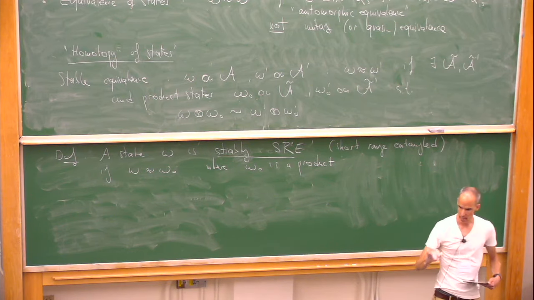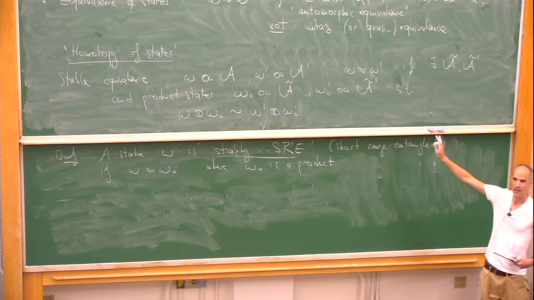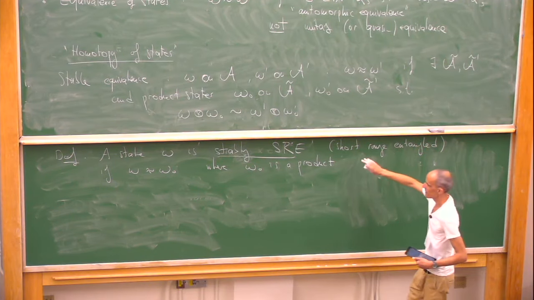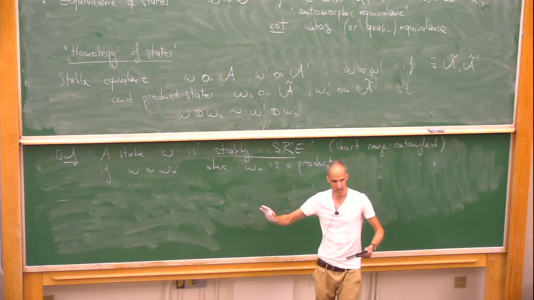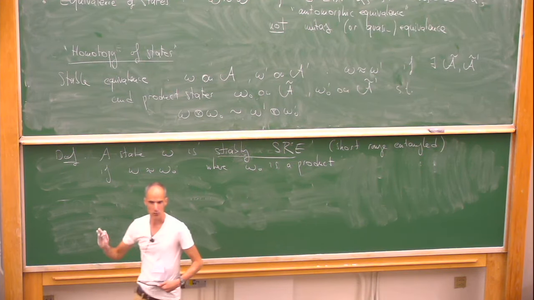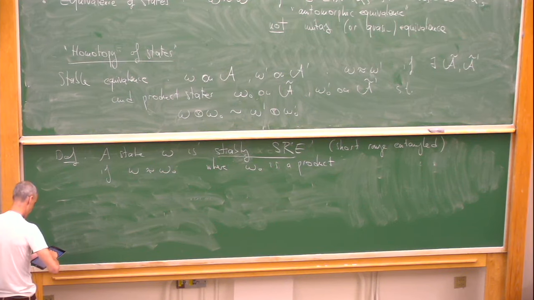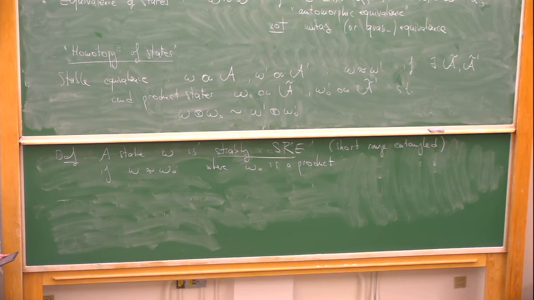Caroline mentioned many times invertible phases, invertible states. That's a different thing than that. It's a slightly different universe where you don't stack with the products, but you're allowed to stack with other states. I will not use that, so I'm not going to define it here. Good.